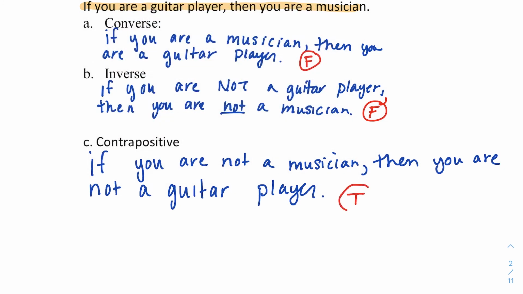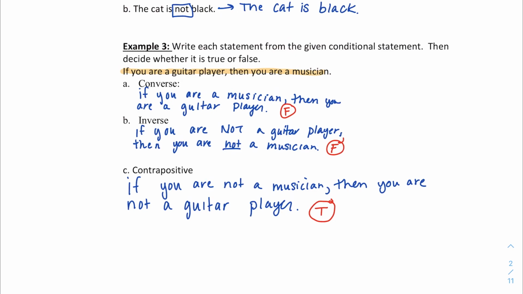Okay, this one happens to be true, right? If you are not a musician, that means you don't play any instruments. So, therefore, you are definitely not a guitar player.